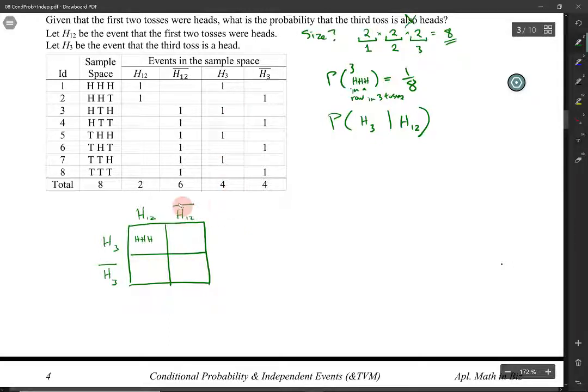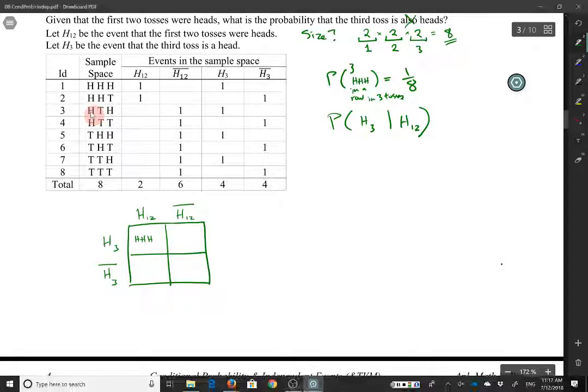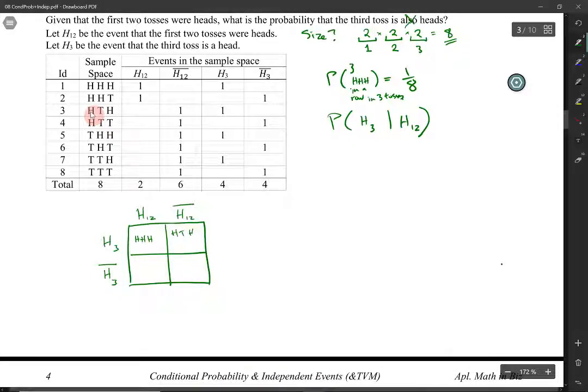Okay, so not heads for 1 and 2. So that's here, right? Because number 1 is heads, but number 2 is tails. So we actually include that, right? So that would be the HTH. And then this other one would be the THH. And then the last one would be this TTH.